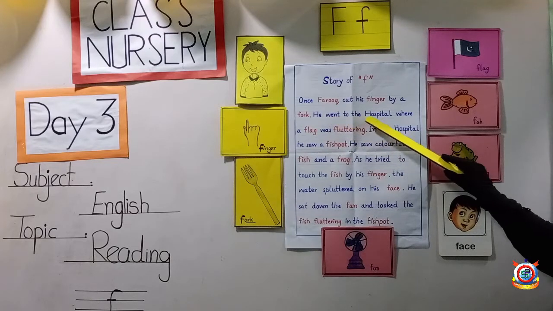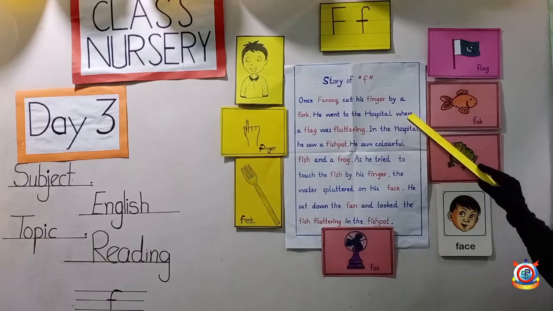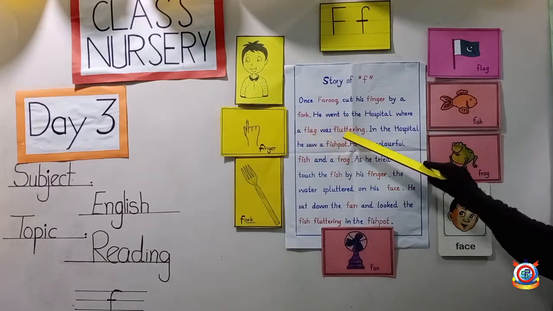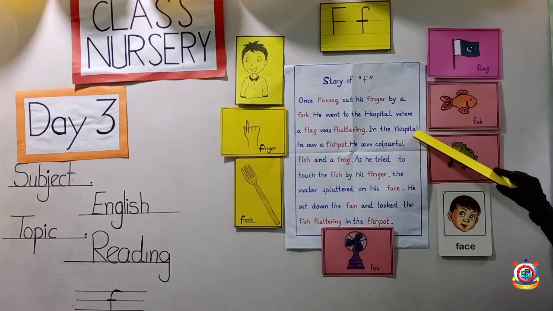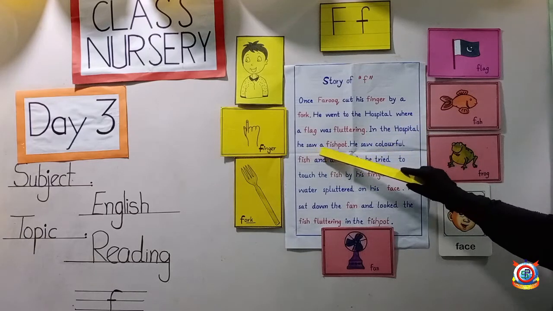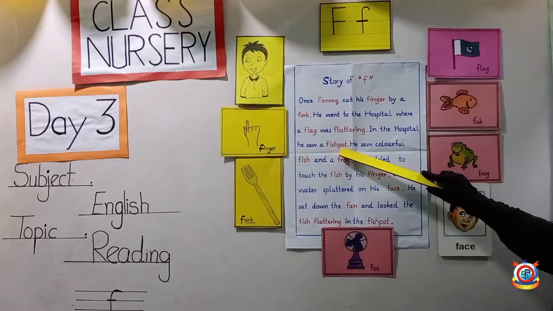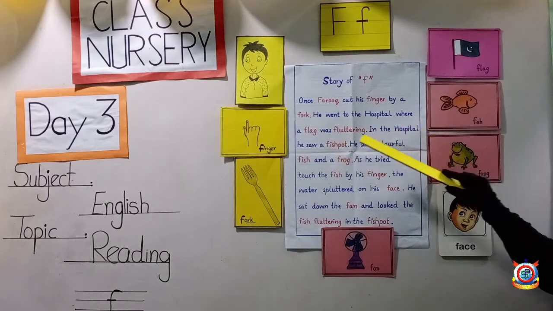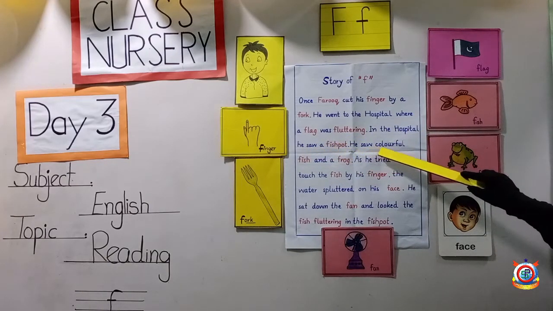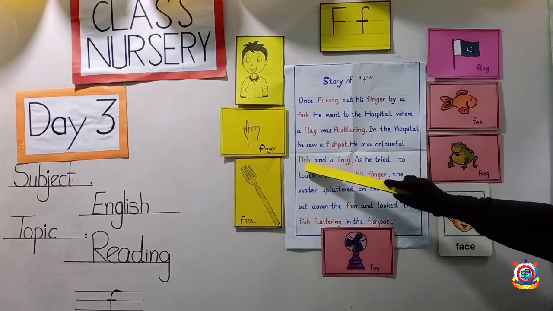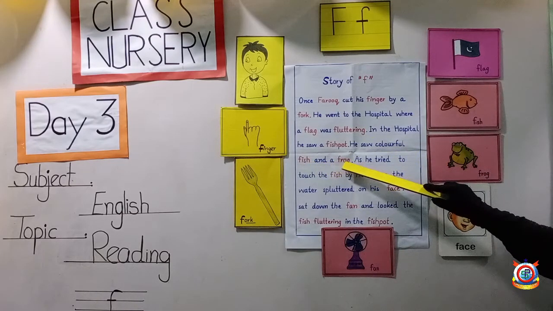He went to the hospital where a flag was fluttering. In the hospital, he saw a fish pot. He saw colorful fish and a frog.